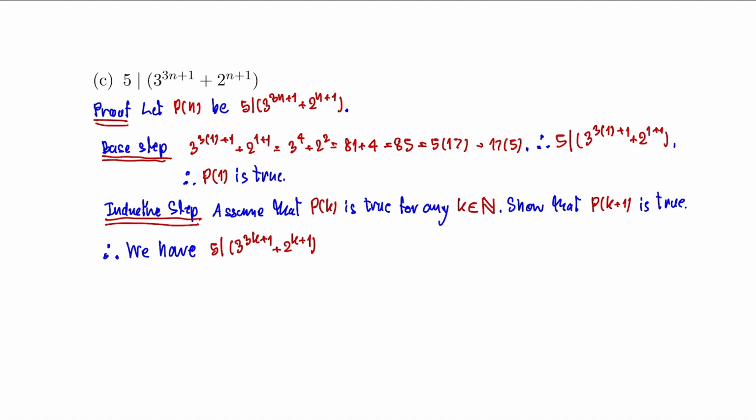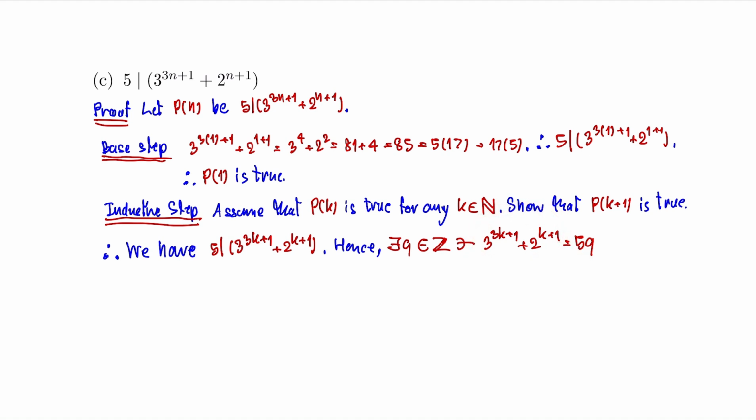Then by divisibility, hence there exists an integer, I have to use another variable, so we use q, such that 3 raised to the 3k plus 1 plus 2 raised to the k plus 1 is divided by 5, so it turns out to be 5q. This means that this term right here has 5 as a factor.